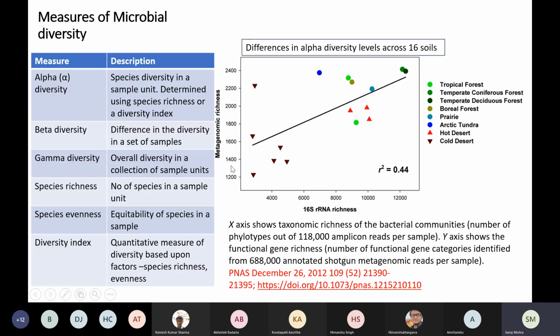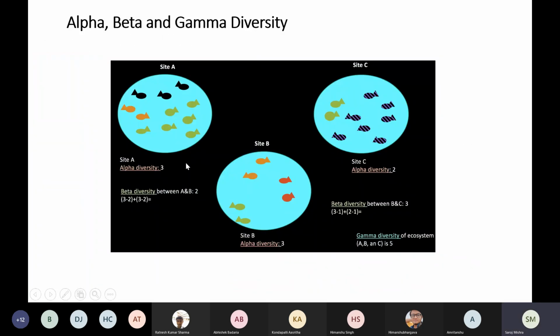Okay, so now going to this slide, here I have a little bit of a confusion I will come back to later on. In this particular species, the diversity is 3, and here the diversity is 3.